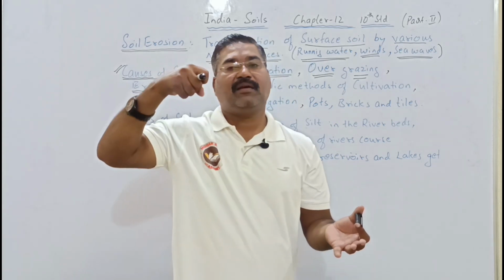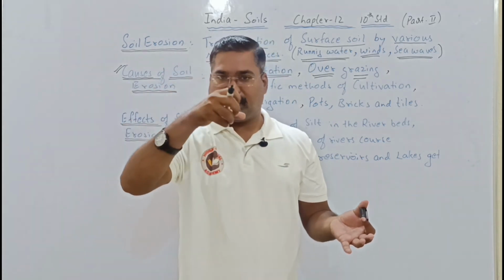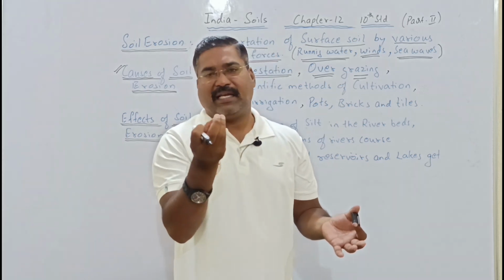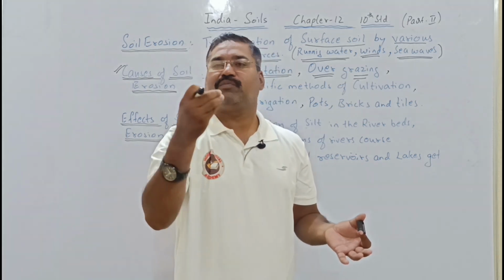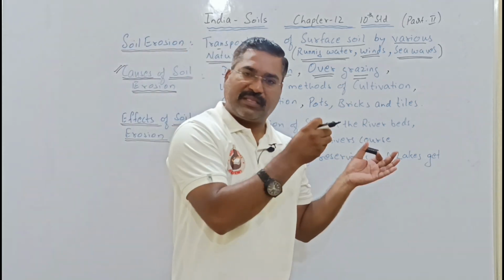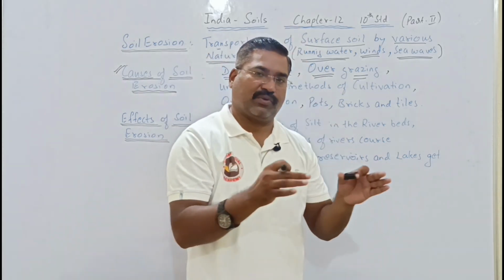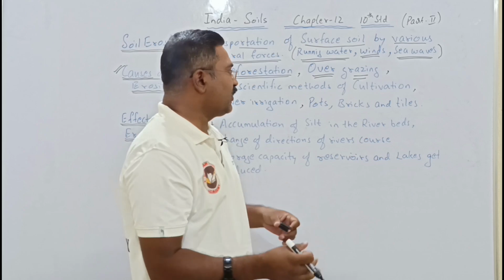When they pluck the grass, the roots also come along, and the animal, which moves from one place to another while eating, even carries the soil with it. So with overgrazing also we can see soil erosion.